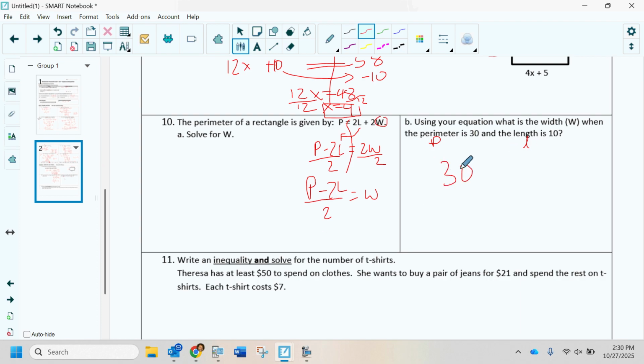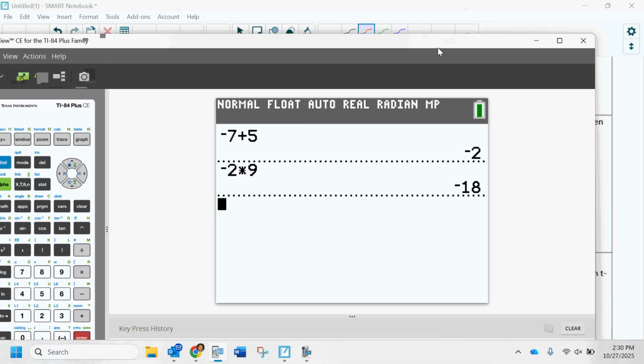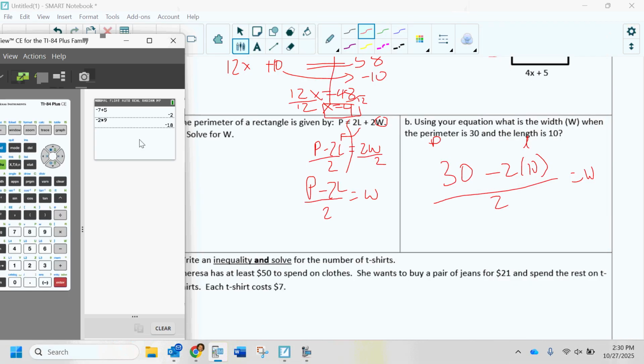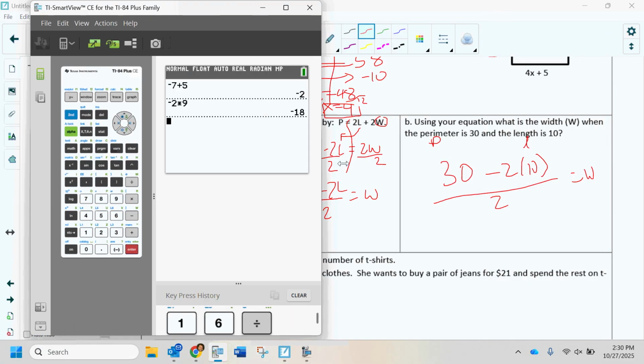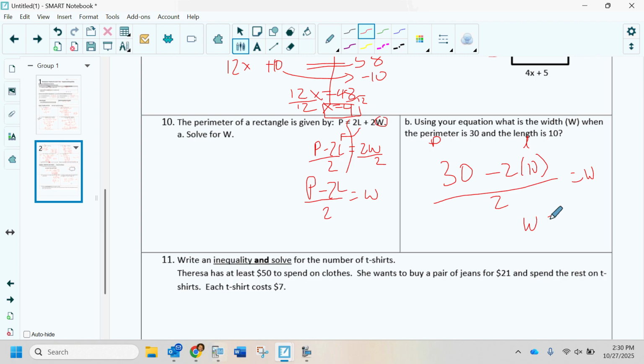So we get 30 minus 2 times 10, divided by 2, is equal to W. We take our calculator out. 30 minus 2 times 10 gives us 10, divided by 2 is equal to 5. So our width is equal to 5.